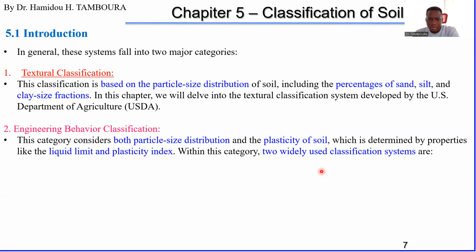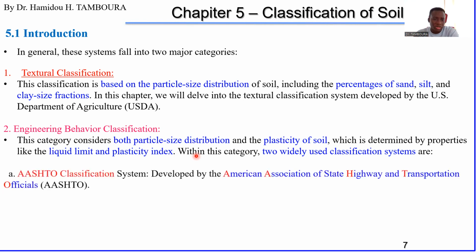Based on this category, there are two widely used classifications. It doesn't mean that there are only two; there are many, but in this chapter we will talk mainly about two. The first one is the one developed by the American Association of State Highway and Transportation Officials, AASHTO.